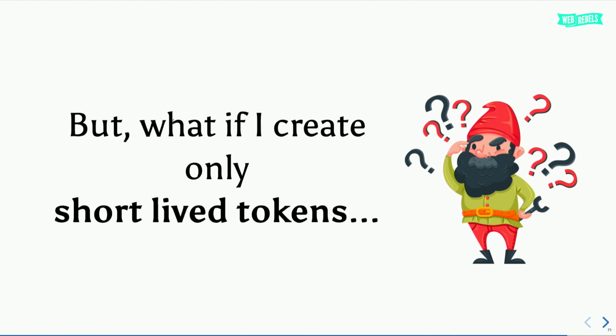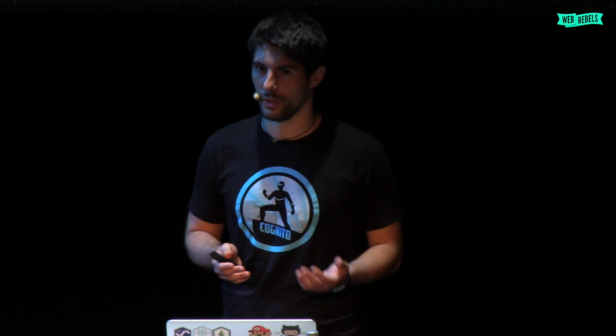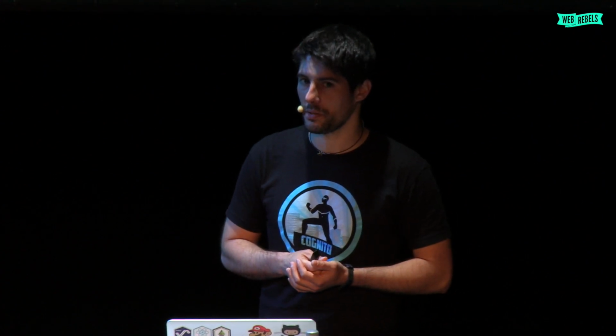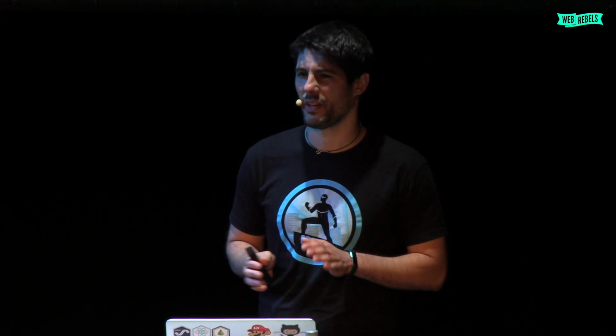Okay, I had this question once while I was talking about this topic. Somebody asked me, what if I create a short-lived token? Because this is what happens in other systems when you are not using JWT. You can create tokens that expire after 5 minutes. So maybe you can think, okay, you cannot really crack it in 5 minutes, so I'm safe.